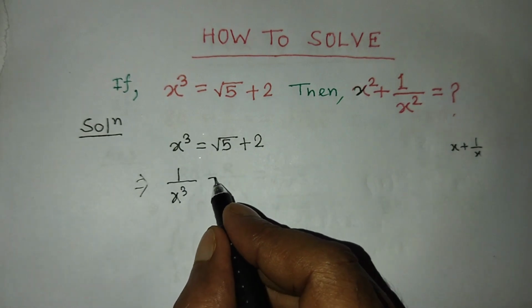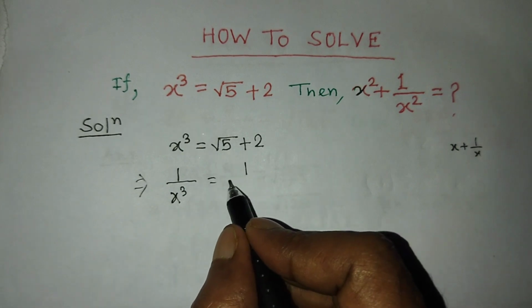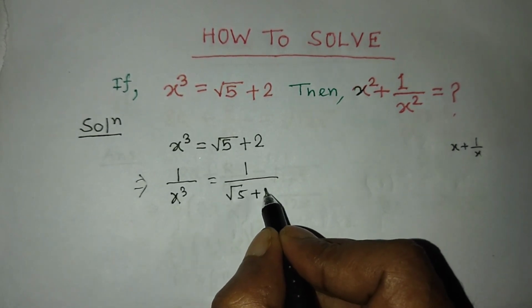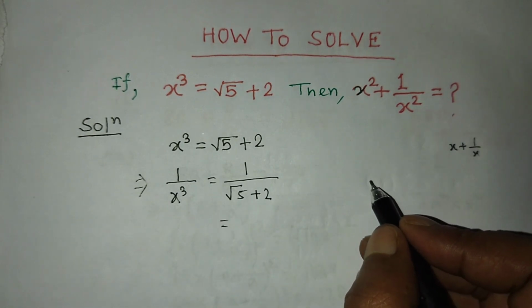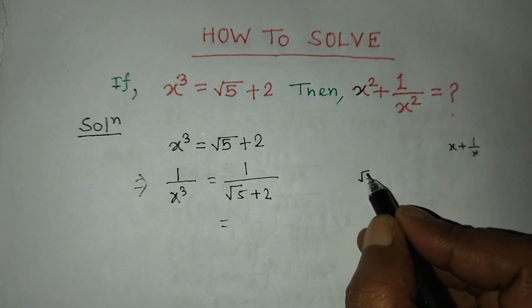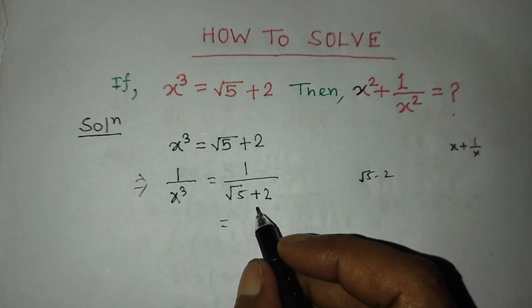So student, the value of 1 by x cube will be 1 over root 5 plus 2. Okay student. So the conjugate of root 5 plus 2 will be root 5 minus 2. So we have to rationalize the denominator.